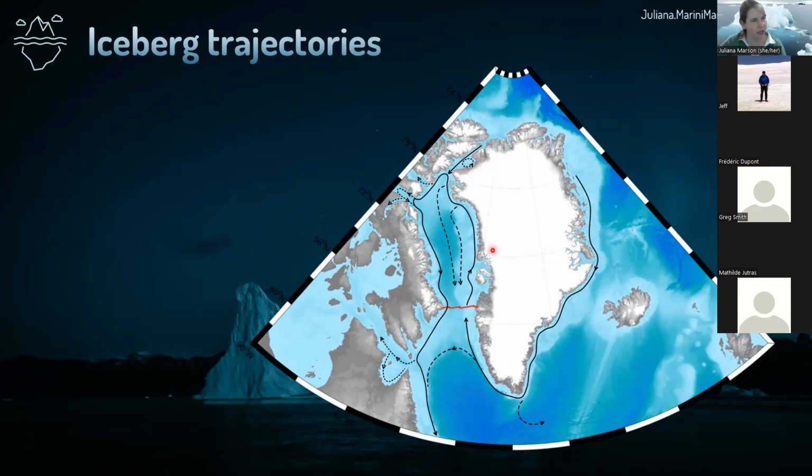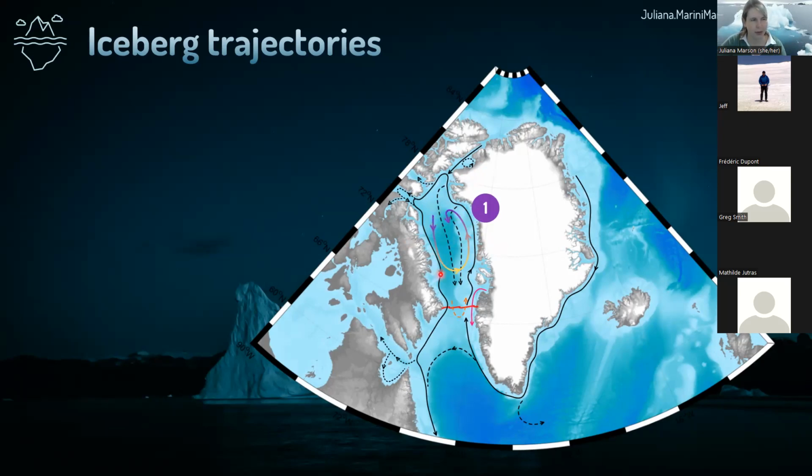They also enter straits. And then 3 features of the trajectories caught my attention. One of them is this sort of loop that you see here. Lots of icebergs do this sort of loop.